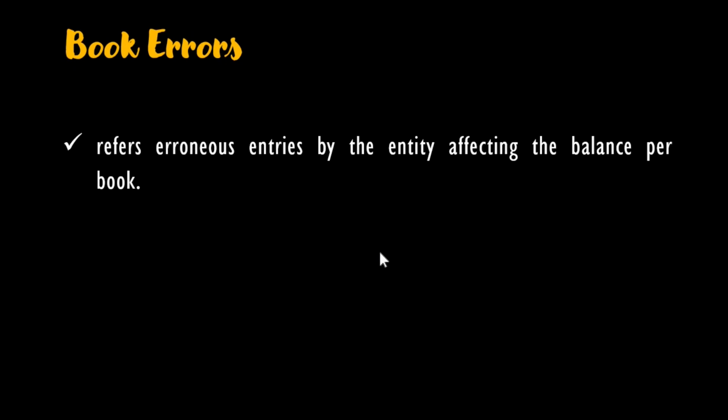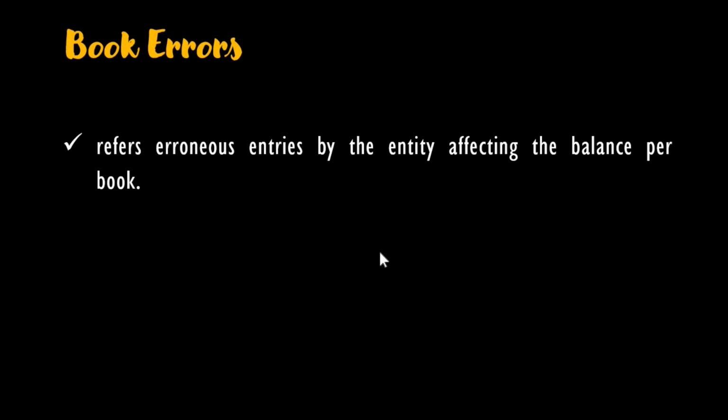Say, for example, the impact is that it overstated the cash. If it overstated the cash, of course, you just have to deduct to correct the error. Or say, for example, the error has understated your cash. To correct it, you have to add it back. So, it depends on the kind of error.